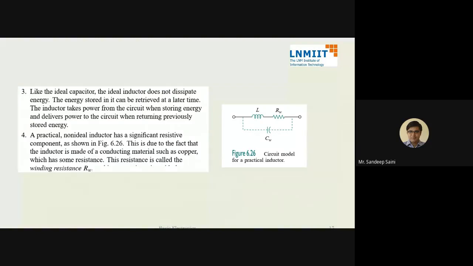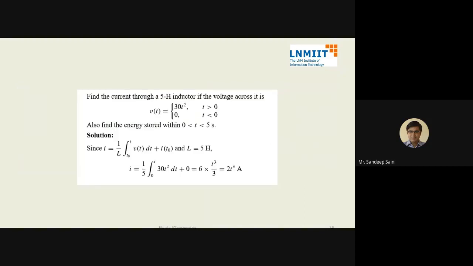So just like an ideal capacitor, an ideal inductor will not dissipate anything, and if it is a non-ideal inductor, then there will be a series resistance and parallel capacitor. This is the model for a practical inductor. So similar questions for all of you.